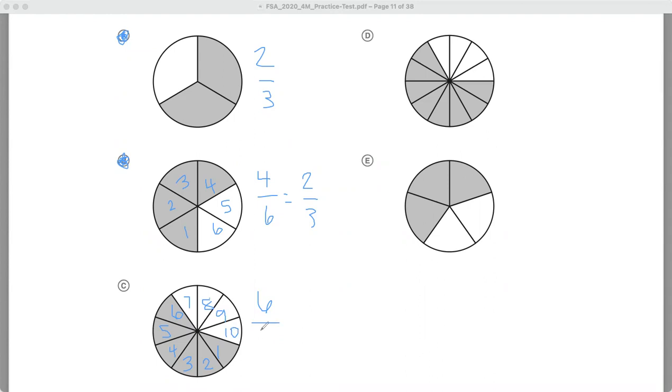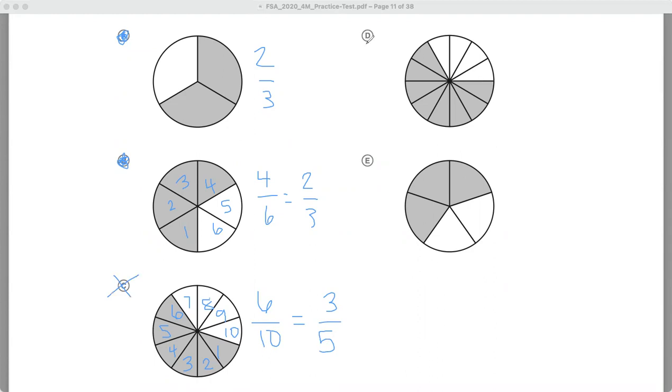So 6 over 10. If we were to reduce that, we could divide both by 2. So 6 divided by 2 is 3. 10 divided by 2 is 5. So that one is not equivalent.